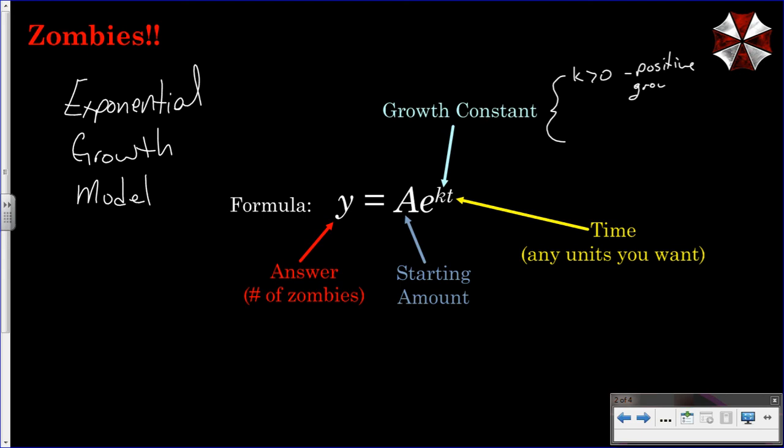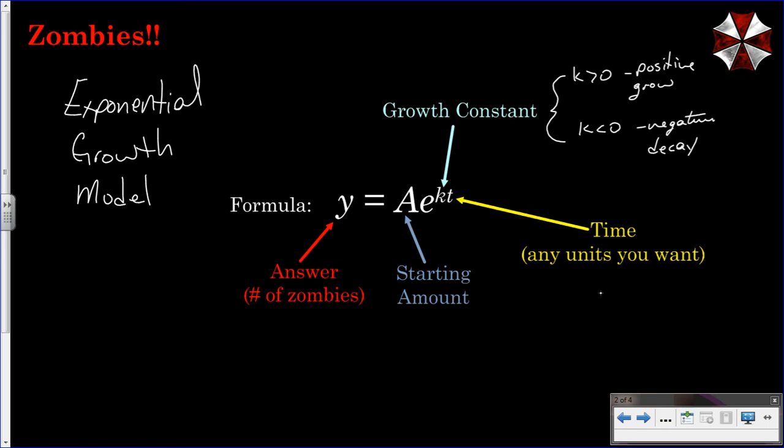So something is growing. If K is less than 0, so it's negative, then you can use the same model, but now it's decay, like radioactive decay. And then T is your time, and it can be in any units you want.